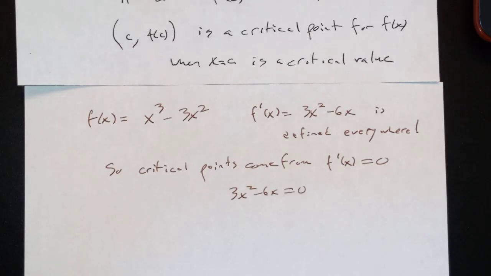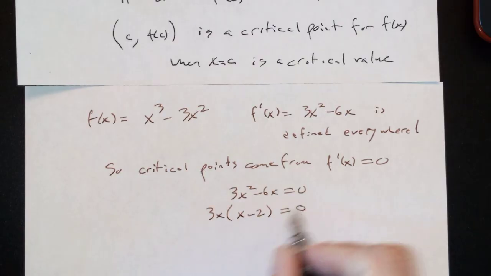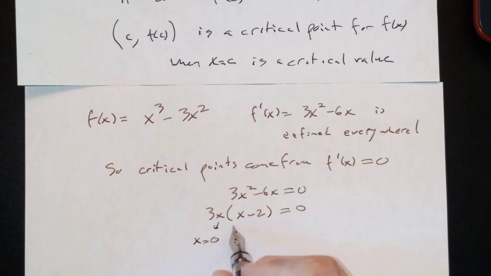Because I can factor 3x out of this, either x is equal to 0 or x minus 2 is equal to 0.